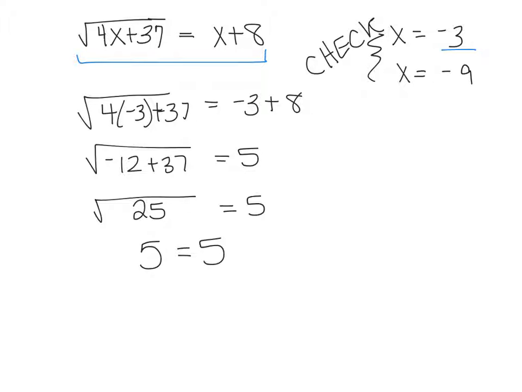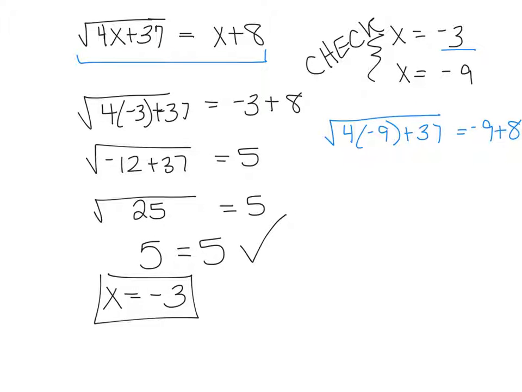Positive 5 equals positive 5, so we know that x equals negative 3 is a solution to our problem. Now we're going to check x equaling negative 9. So we'll plug negative 9 into our original equation and see if the left side equals the right side.